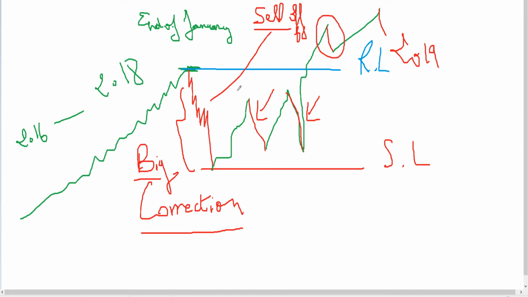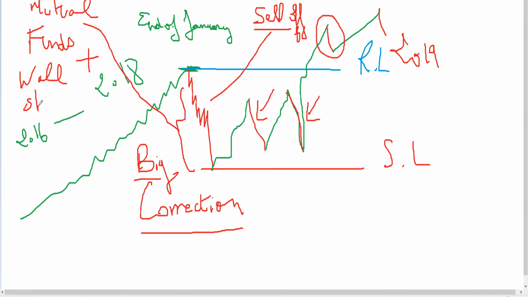It means mutual funds will not sell here. Here it could be mutual funds with Wall Street guys, because those are the guys who can move the market and crush the market, mutual funds when they sell at the same time. And plus, what I see in the other video is Wall Street guys.